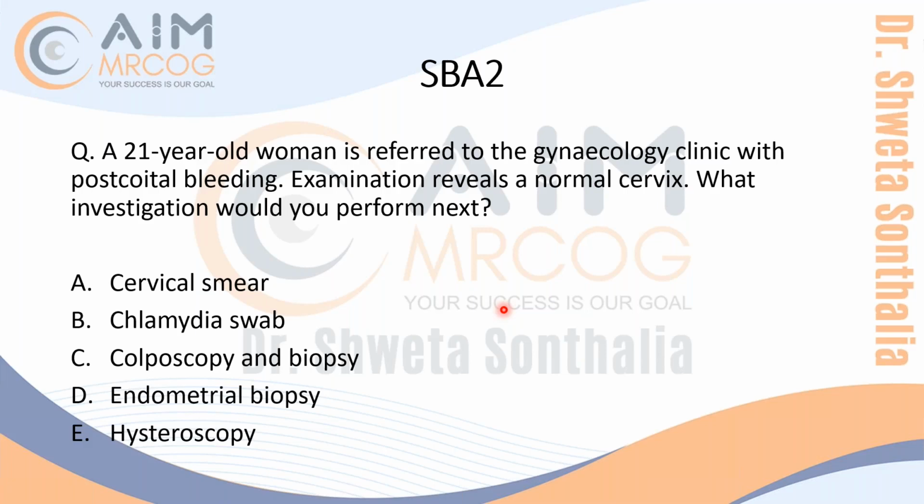One is pregnancy. Pregnancy can have contact bleeding. So always in a reproductive age group, pregnancy. Then the infection, in young women. Third is smear to rule out cancer, right?